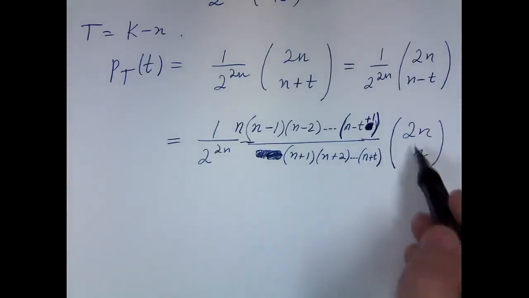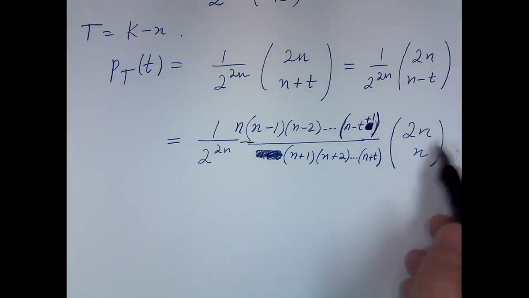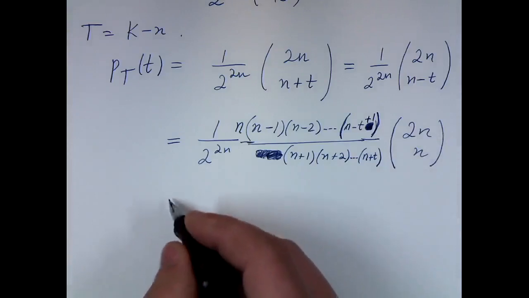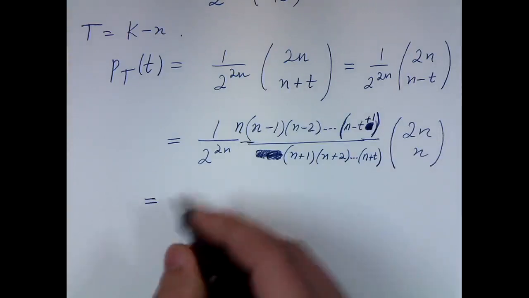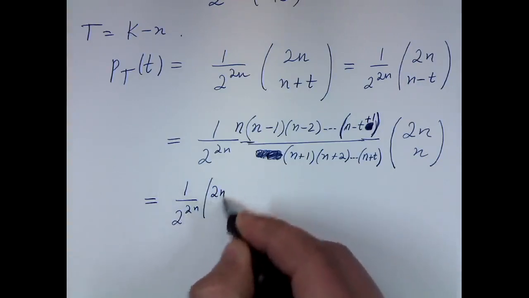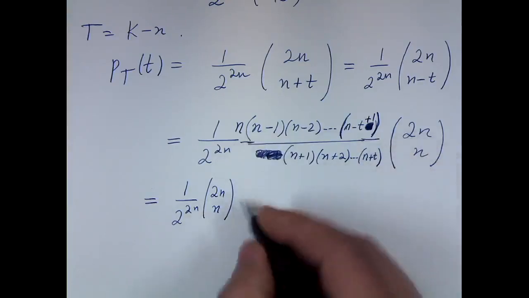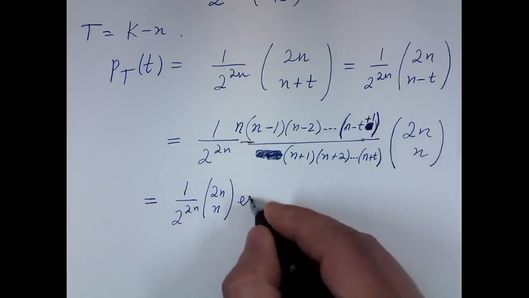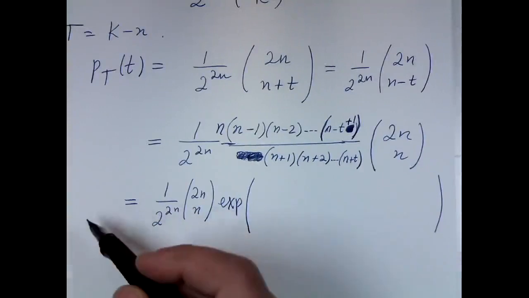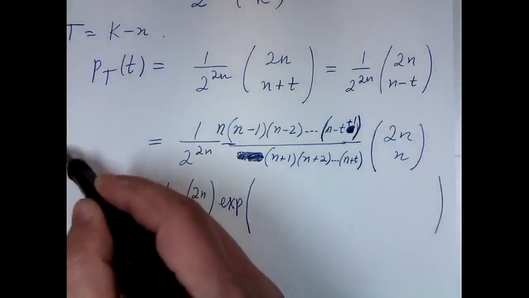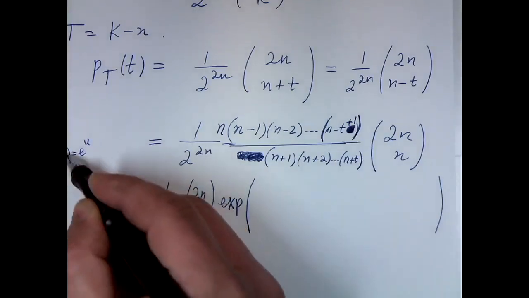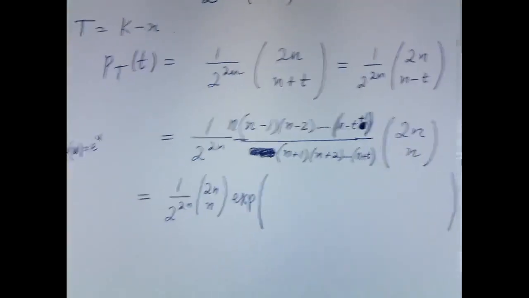The reason I'm leaving this one sitting here is because that is constant. That one's not going to change with t. So that is 1 over 2 to the power 2n choose n. That's our constant part. And now I'm going to do exponential of something. If you've never seen someone write exp before, exp of u is equal to e to the u. Sometimes you don't want to put everything in an exponent, so it's the exponential function. That's all that it means.